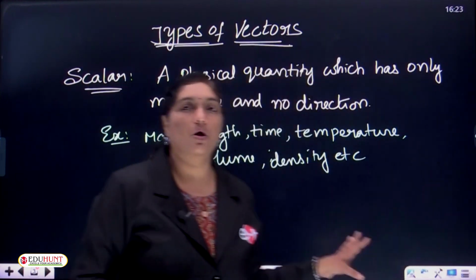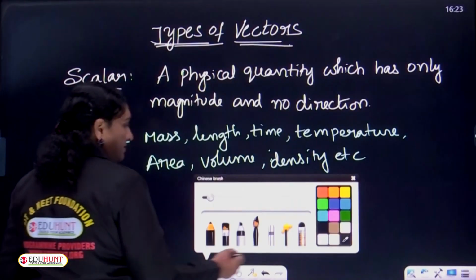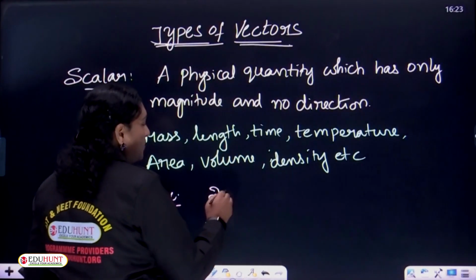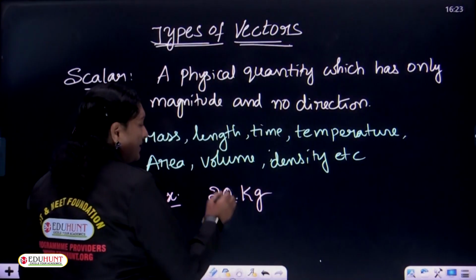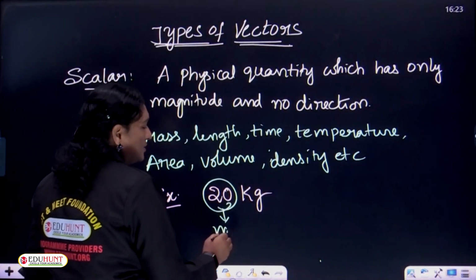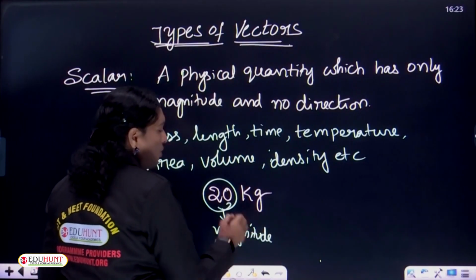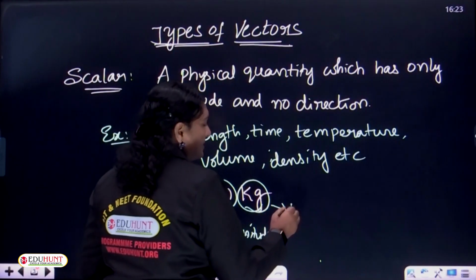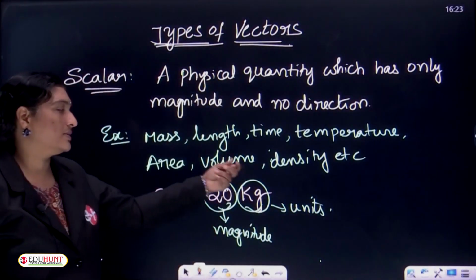Okay, so this is all about scalar quantities. For example, consider the previous example, 20 kg of sugar. Here 20 indicates the magnitude, how much, and kg is nothing but the unit.